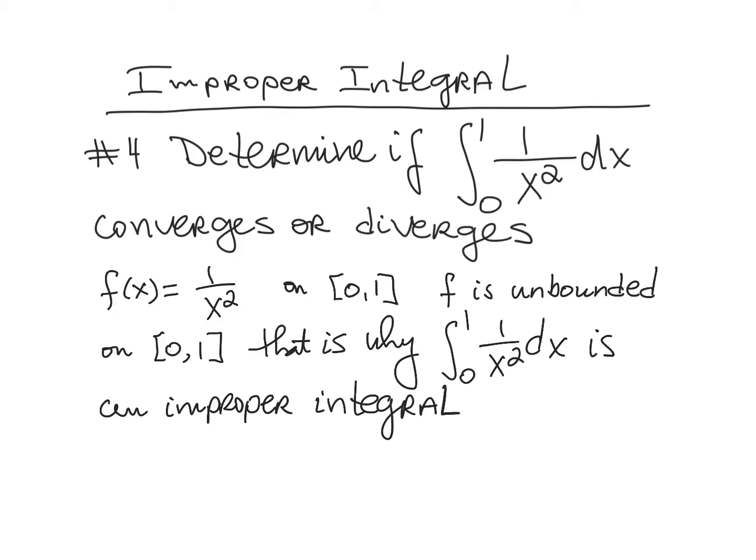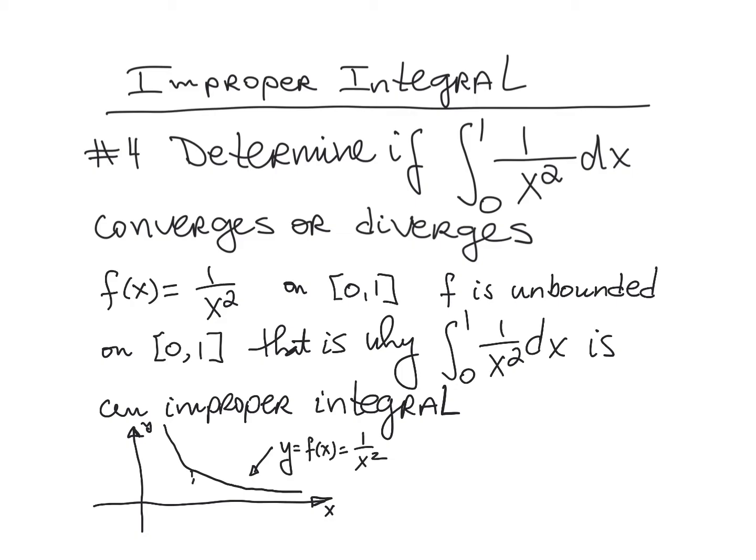Okay, so here we're going to first take a look at the graph and see what this integral represents. Here is the part of 1 over x squared that's in quadrant number 1. And we're trying to determine the area, whether it is finite or infinite, between 0 and 1.